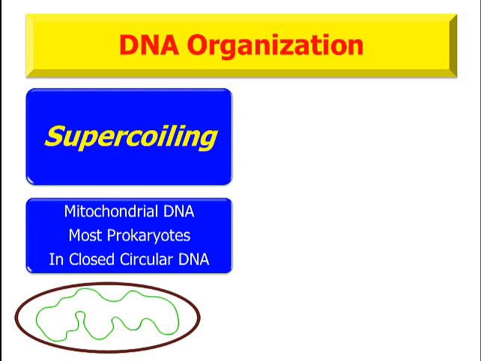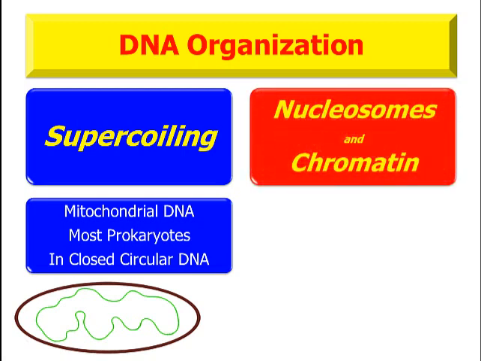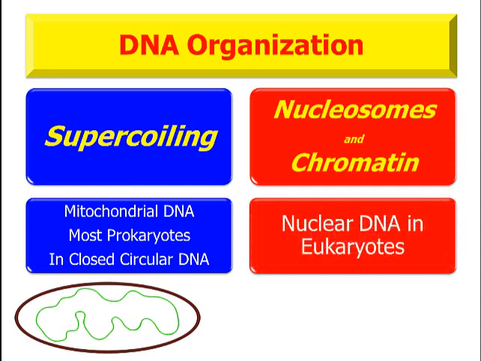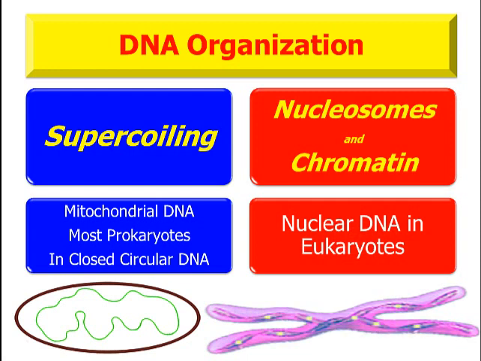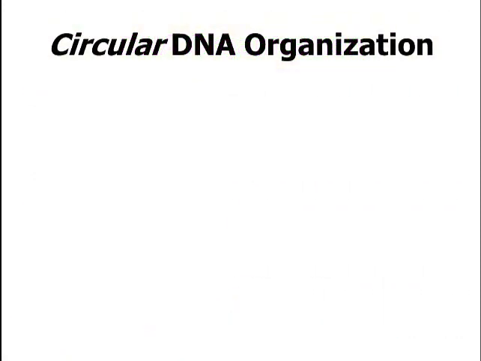On the other hand, inside the cells of our own body, we have nucleosome and chromatin in the nucleus in order to pack the DNA in our chromosomes. The fact is that usually nuclear DNA is packed in this way, and our DNA, like other linear DNA, is packed in this method.